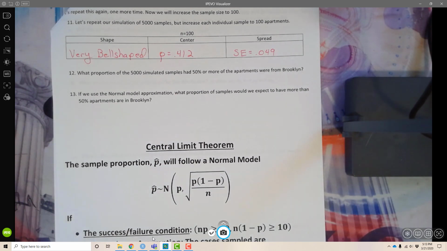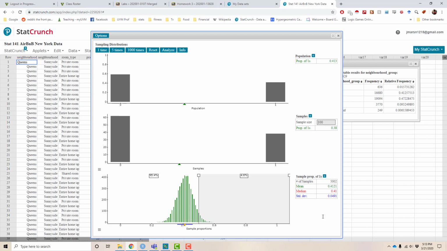So again, I want to know, what are my chances if we just take one sample, this time of 100 apartments, of getting a sample proportion of 50% or higher? So if we look at our simulated 5,002 samples, that happened about 4.6% of the time.